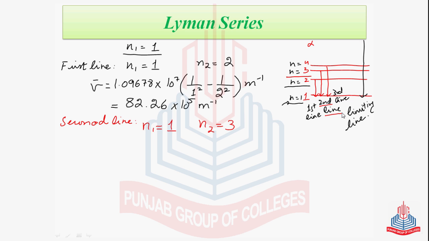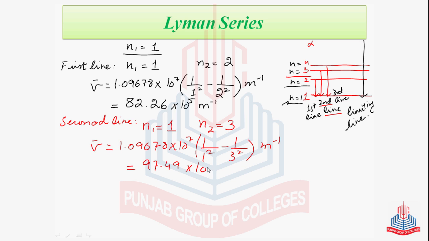Again doing the same calculation, wave number will be equal to 1.09678 into 10 raised to the power 7. N1 square वही रहेगा 1 square, लेकिन N2 square अब हमारे पास 3 का square हो गया. And the answer now comes out to be 97.49 into 10 raised to the power 5 meter inverse.